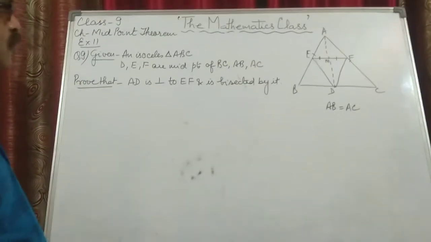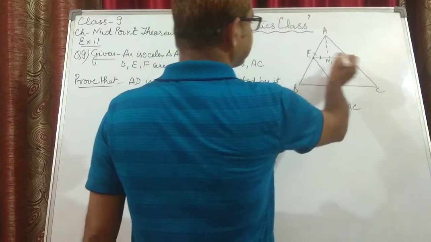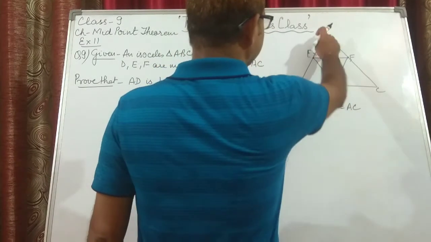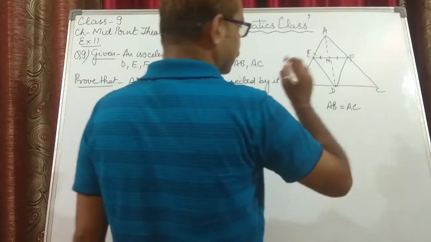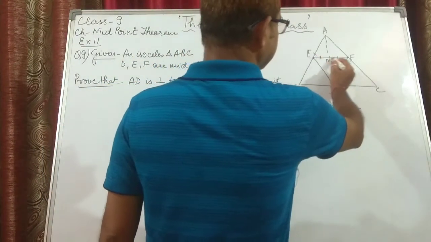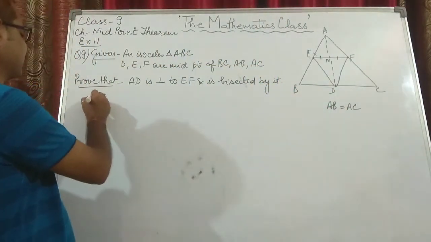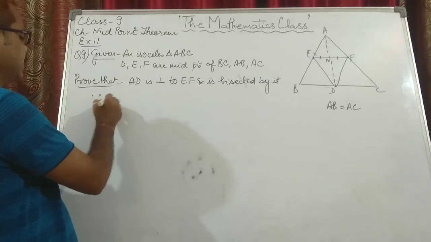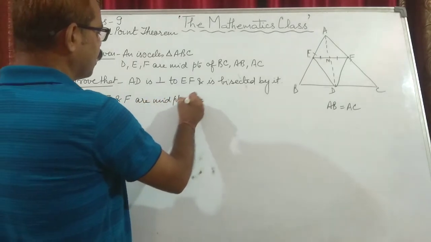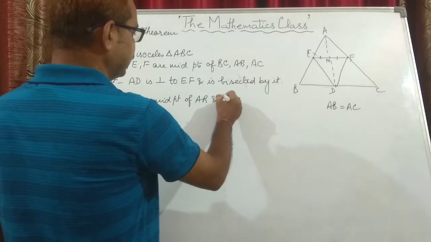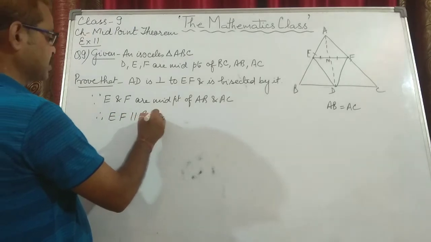So first of all, we know that E and F are the midpoints of AB and AC. According to the midpoint theorem, we can say that since E and F are midpoints of AB and AC, therefore EF is parallel to BC.